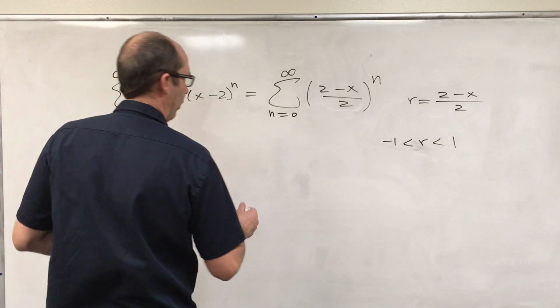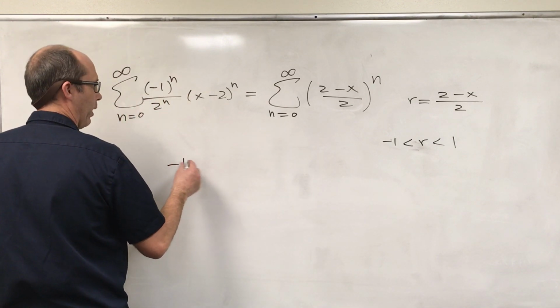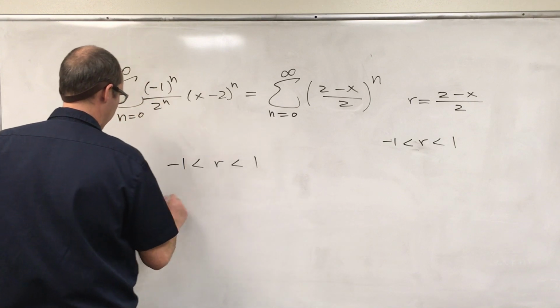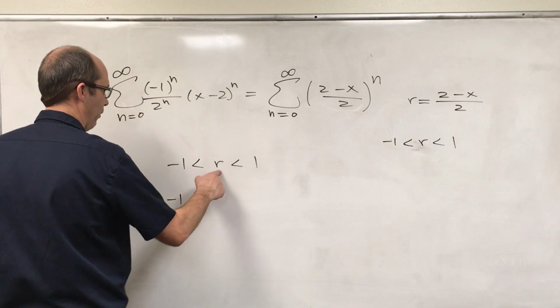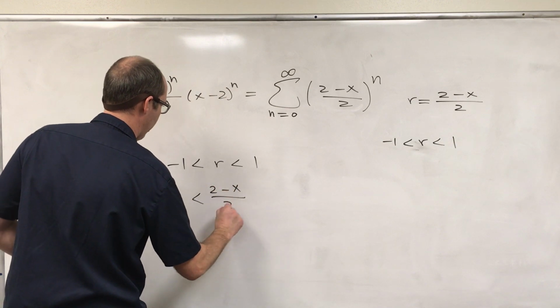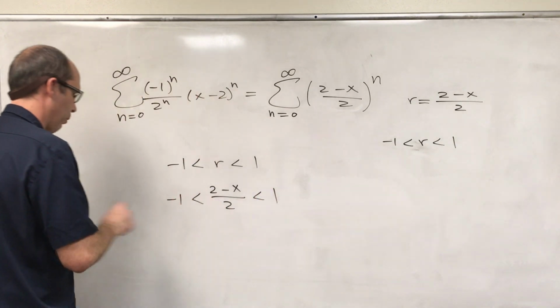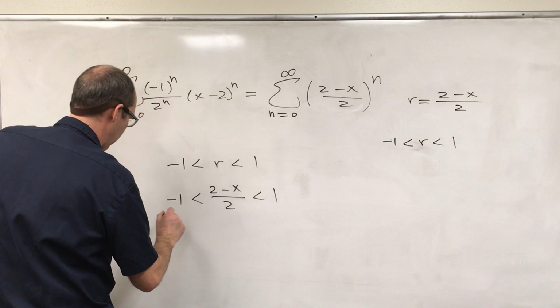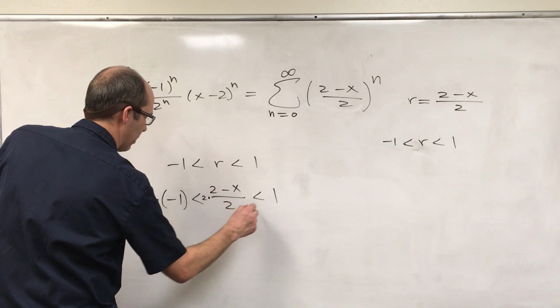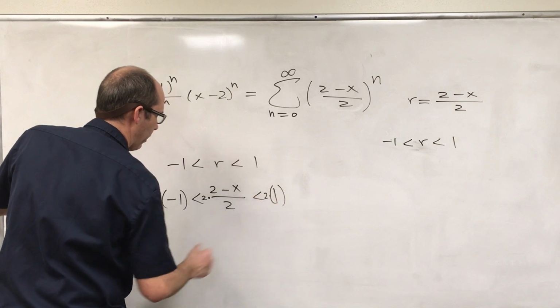All right, so -1 less than r less than 1. It's the same as saying -1, because our r is that thing, 2 minus x over 2 is less than 1. Multiply both sides by 2. Let's see, 2 times that, 2 times that, 2 times that.